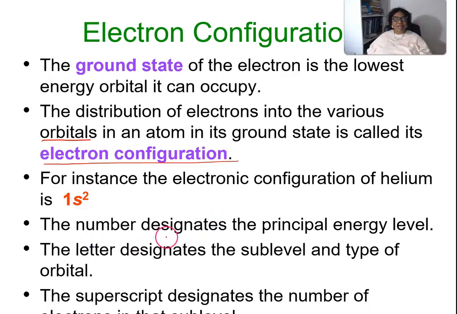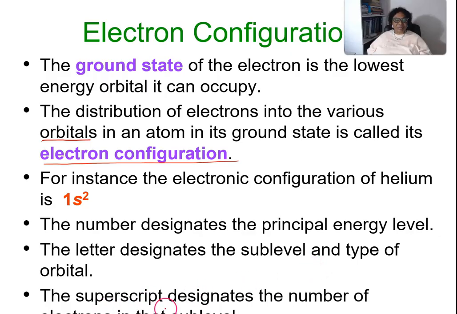The number 1 designates the principal energy level in which the electron is. The letter s designates the sublevel and the type of orbital in which the electrons are.